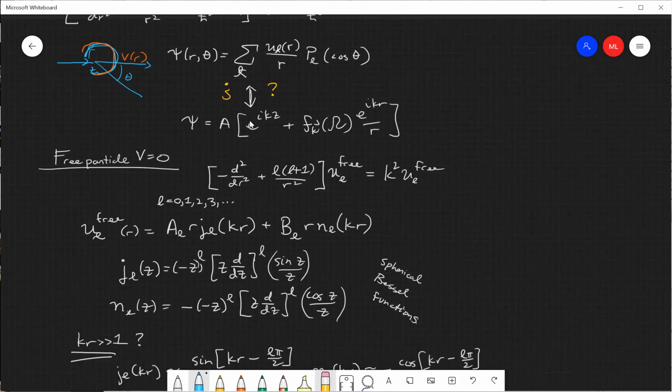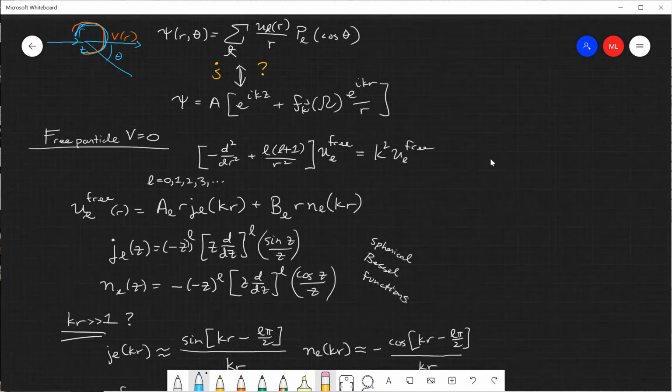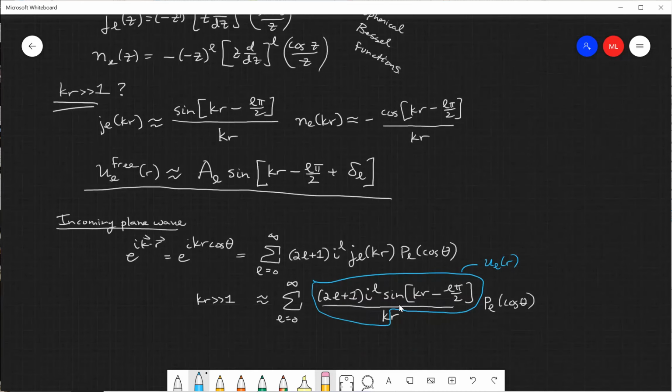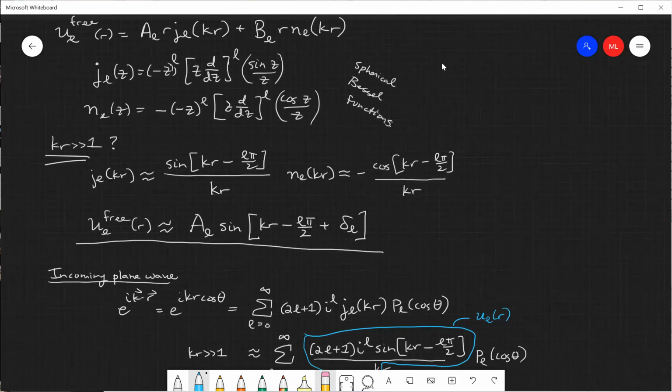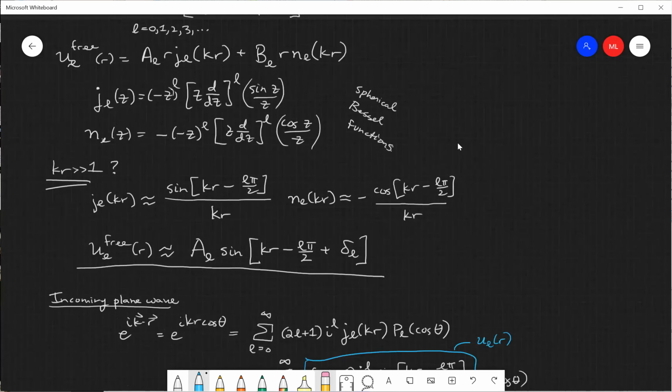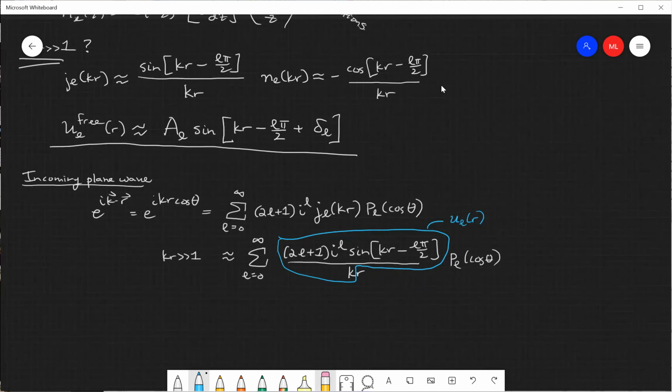We built the connection to the incoming plane wave by expanding the exponential and looking at the free particle solution. And now we just have to figure out what happens when there is a potential. What do we do then?